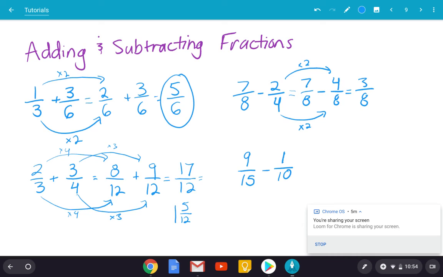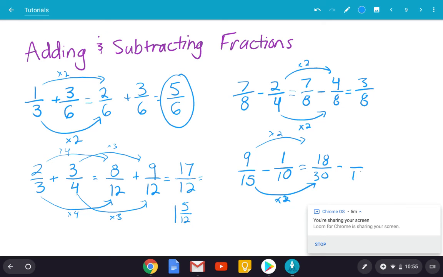The last example, 9/15 minus 1/10. My least common denominator is 30. 15 goes into 30 by multiplying 15 by 2. So 15 times 2 is 30. That means 9 times 2 is 18.